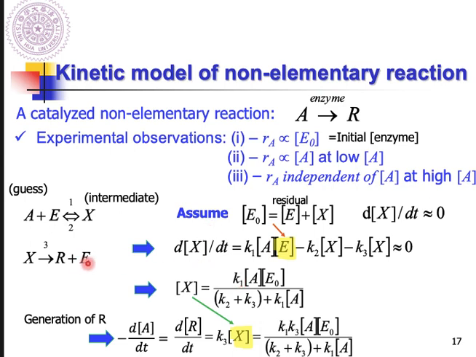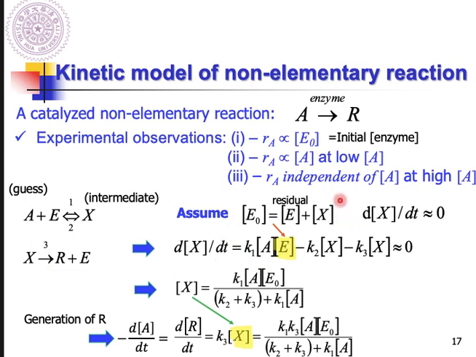In the beginning, you will probably formulate these two elementary reactions, and after serious derivation, you find that you cannot get results fitted with your experimental observation. Then you need to go back to adjust or modify the elementary reactions you proposed.